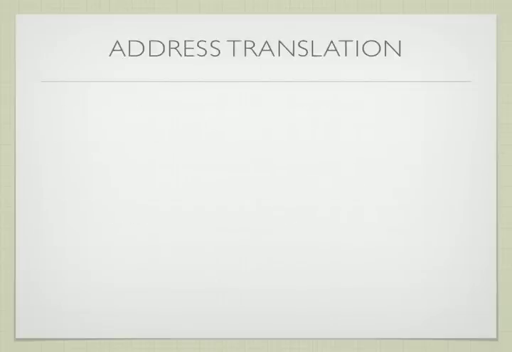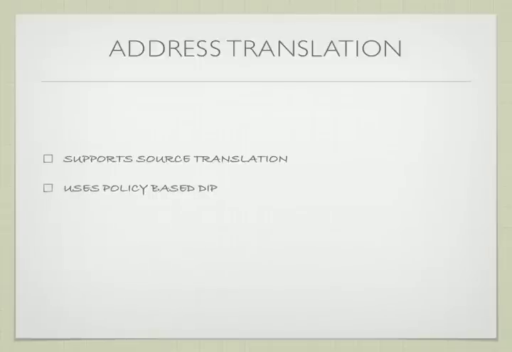There is still some address translation available. You can do source address translation with a firewall in transparent mode. This will be configured using the DIP method that was reviewed in the address translation session.